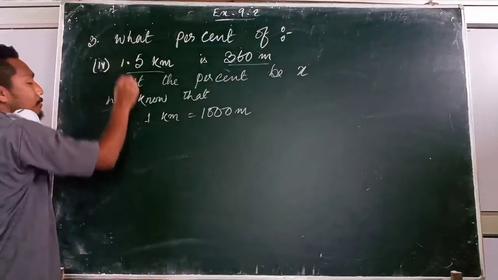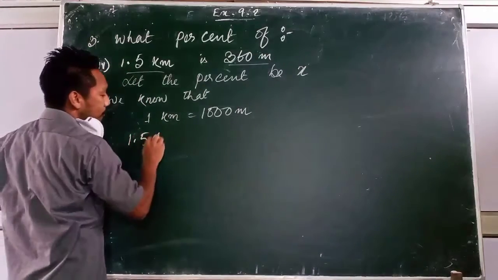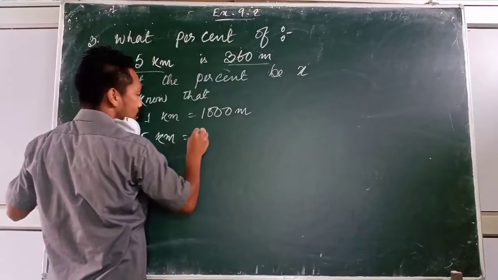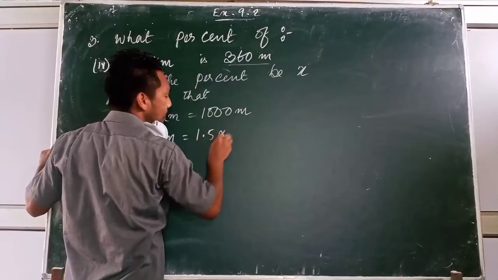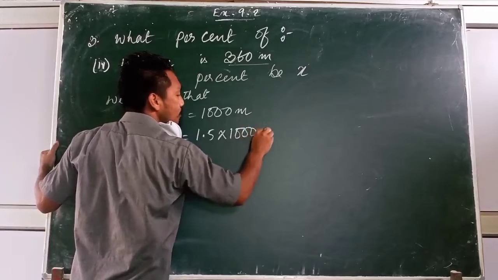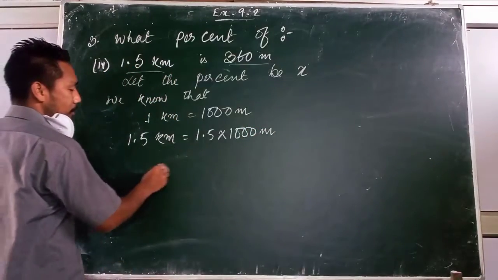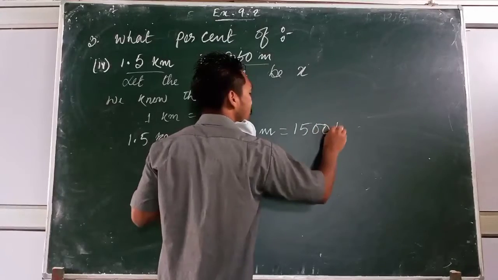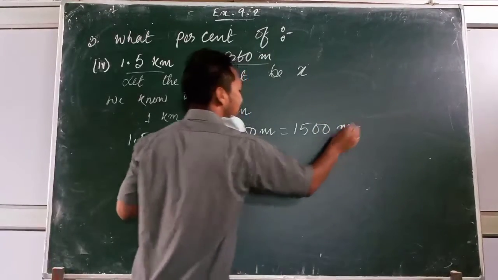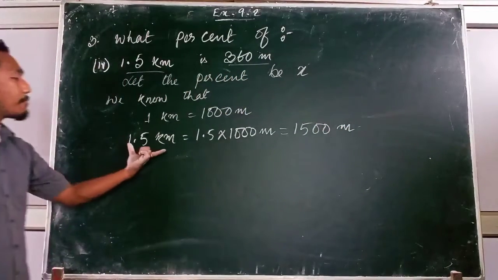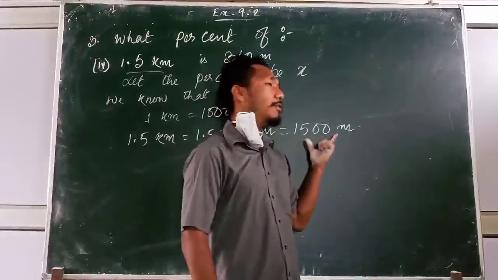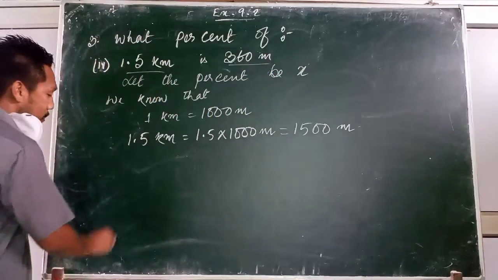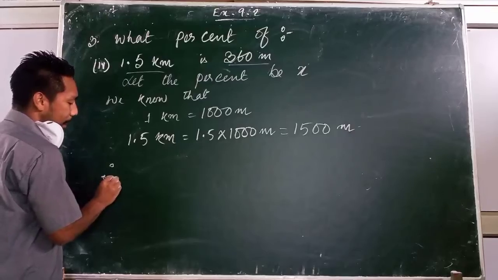So I am going to convert this. 1.5 kilometer will be how much? 1.5 into 1000 meters, so this is equal to 1500 meters. So wherever 1.5 kilometers is here, I will write 1500 meters. So here you are going to find our x.